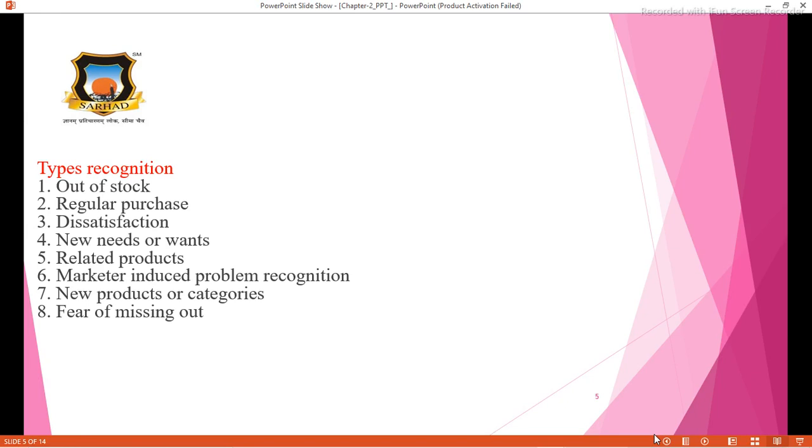The next is new products or categories. When consumers become aware of new innovative products that offer a superior means of fulfilling a need, such as disruptive technologies like the advent of wireless hands-free communication devices, that can trigger a need for a product.